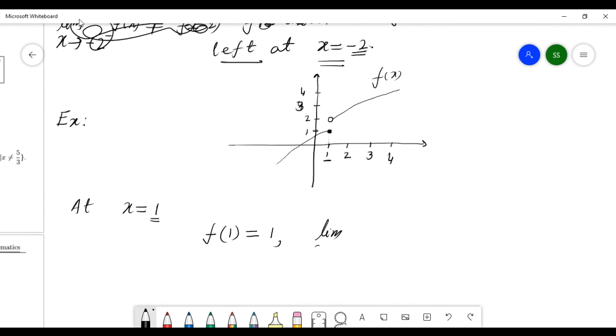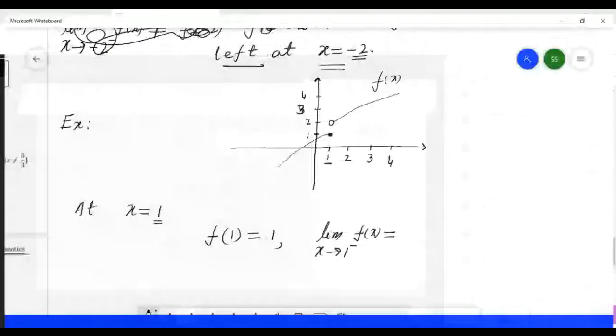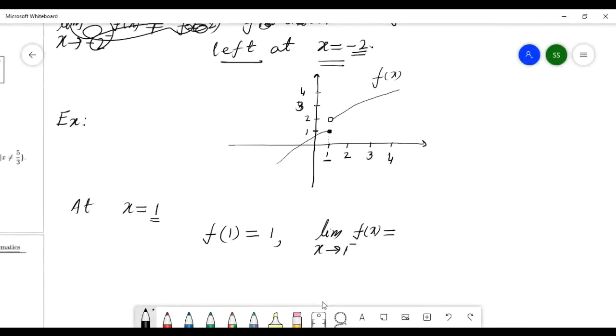Now check left limit at this point. Limit x goes to 1 from the left, f of x. Come, tell me. Left limit means look at the left side of the graph. When x is close to 1 from the left, then where is the graph going?